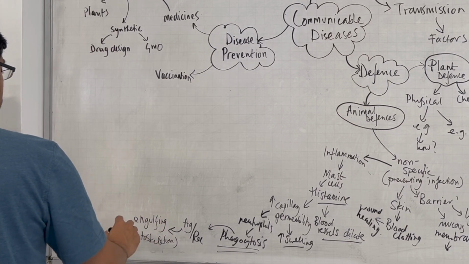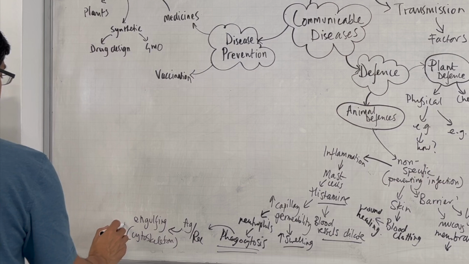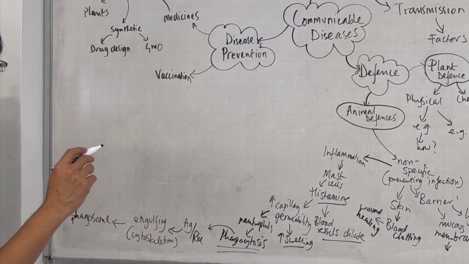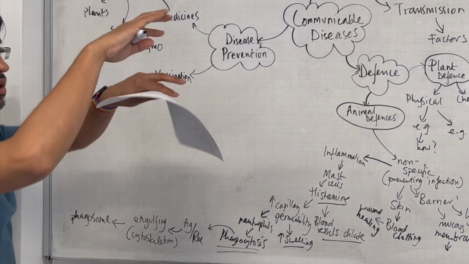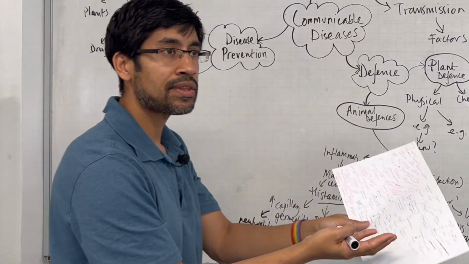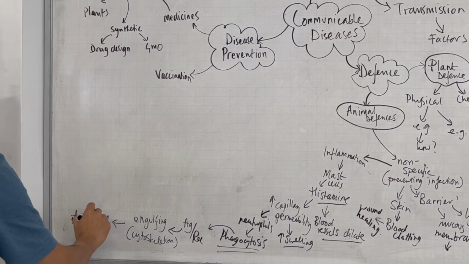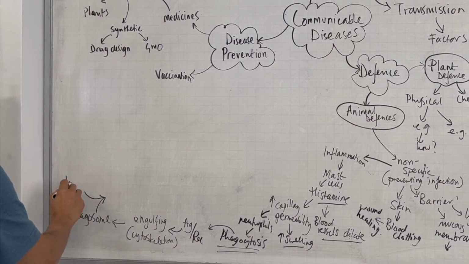Once the engulfing happens, we form a phagosome. That's like a vesicle inside the cell that contains the pathogen. Now the phagosome fuses with lysosomes.